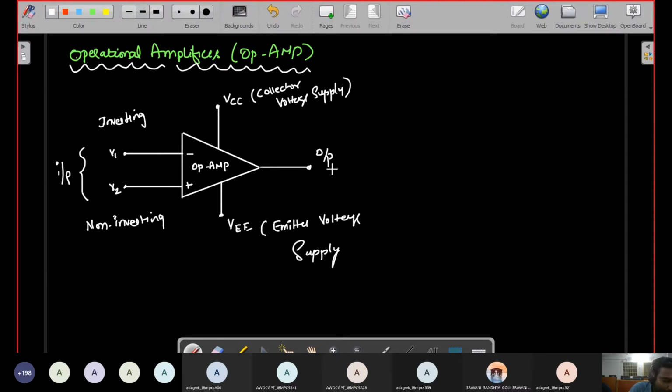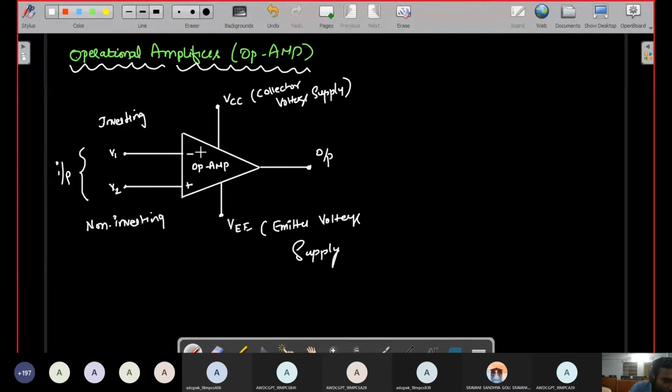Okay, so the negative sign indicates an inverting amplifier, and the positive terminal indicates a non-inverting amplifier. So this is an operational amplifier logic symbol.